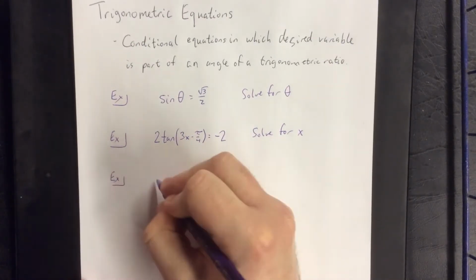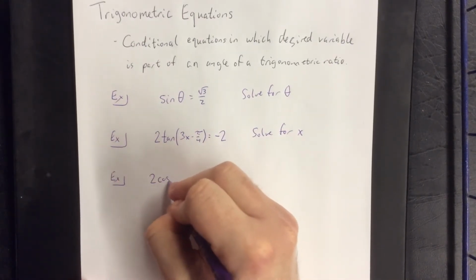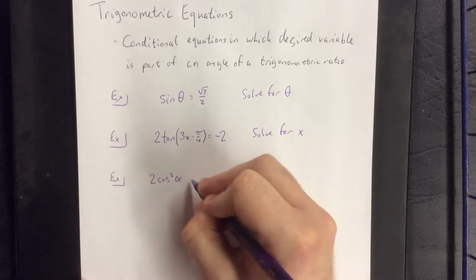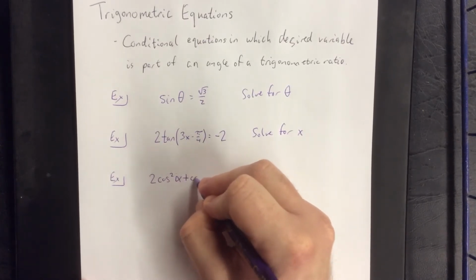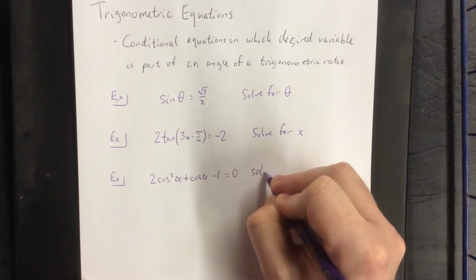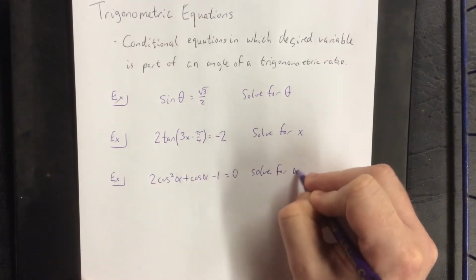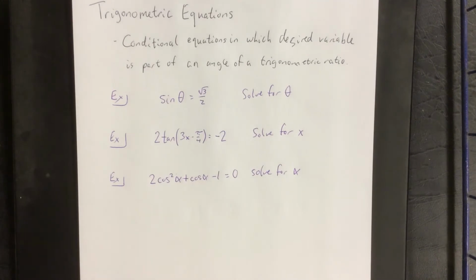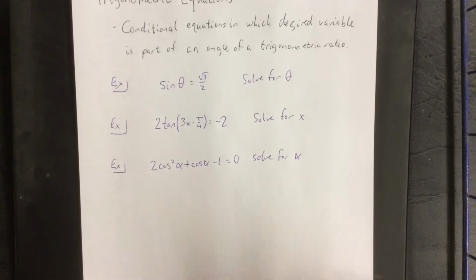We could also have something like, 2 times the cosine squared of alpha plus the cosine of alpha minus 1 is equal to 0, and we want to solve for alpha. Now, all three of these equations will require a little bit of inverse trigonometric functions and good knowledge of the unit circle, things of that nature.